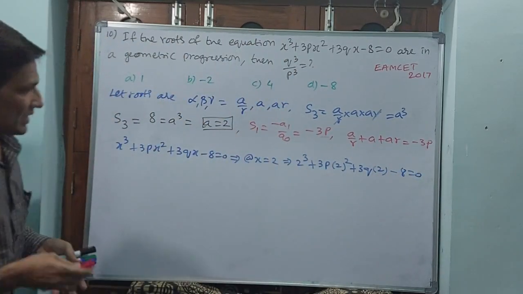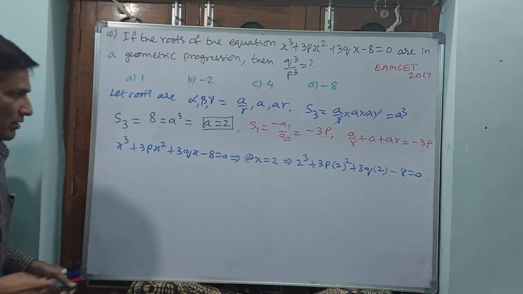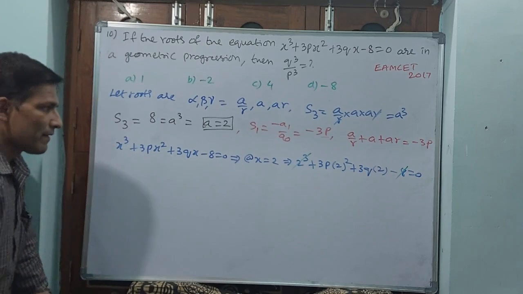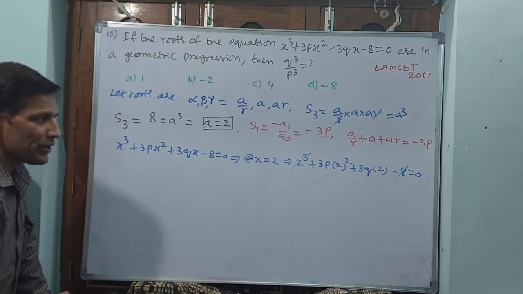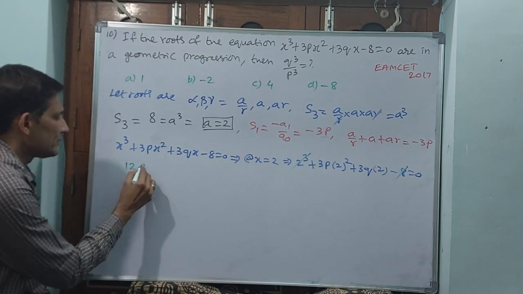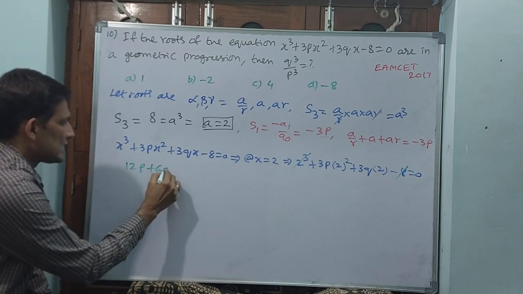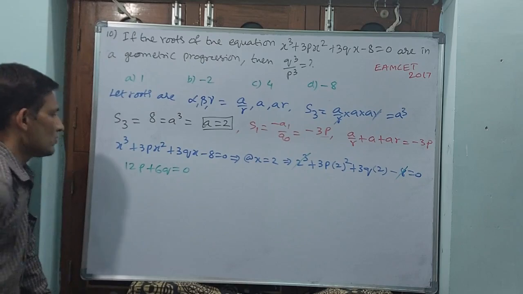If that is the case, plus 8 minus 8 gets cancelled out. Then 2 square means 4 into 3, 12p, plus 6q is equal to 0.